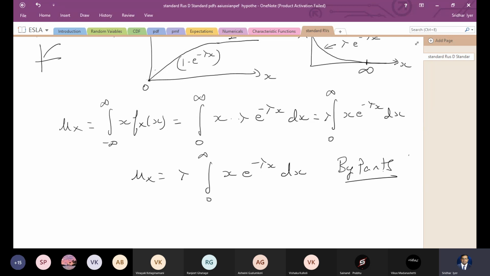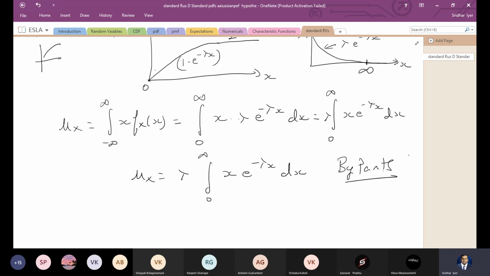Yes, sir. Yeah, so you can use integration by parts here to solve this integral. It's all about integration. Once you solve this integral, you'll just get your answer. You just have to multiply it with lambda, which is outside the integration. So I'm going to leave that to you.